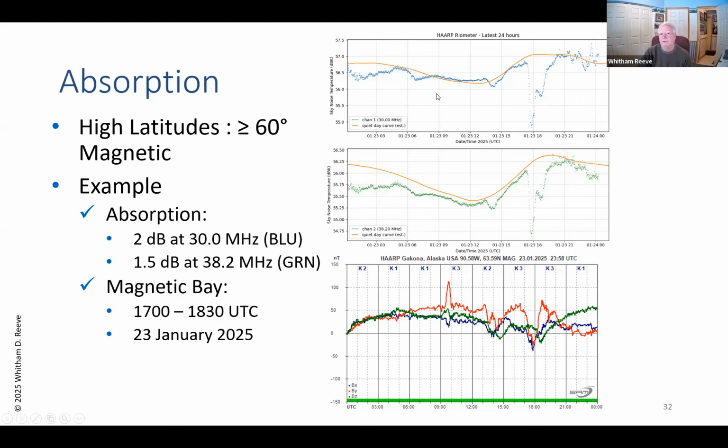For example, this upper plot at 30 megahertz, each one of these grid lines is a half a dB. So the riometer has to be pretty sensitive in order to be able to detect the differences in a non-absorption ionosphere and one that is active.